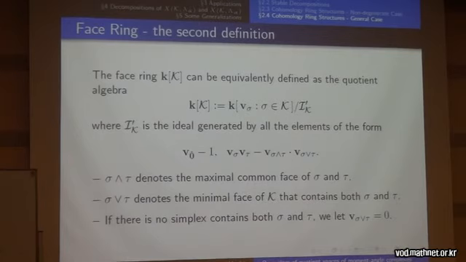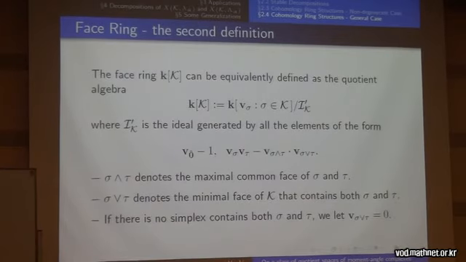First, we notice that the face ring can be defined in this way. I think some other speaker also introduced this notion, and I think in Anton's talk he also introduced this way of defining the face ring.